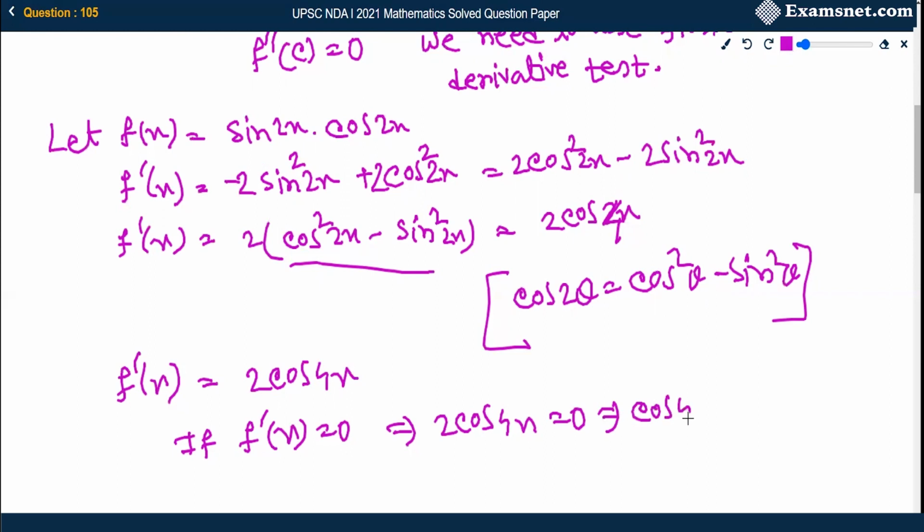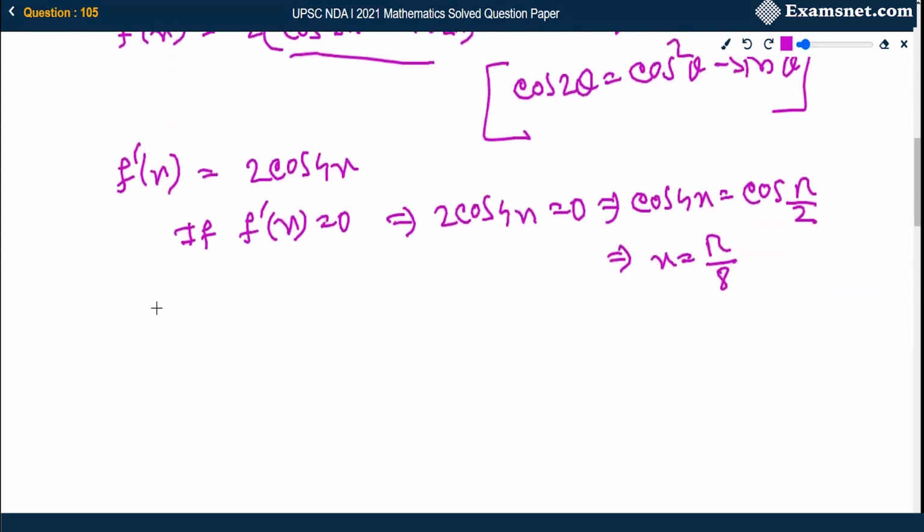So cos 4x equals cos pi by 2, that means x equals pi by 8. Now let's find the second order derivative. It becomes minus 8 sin 4x, correct?